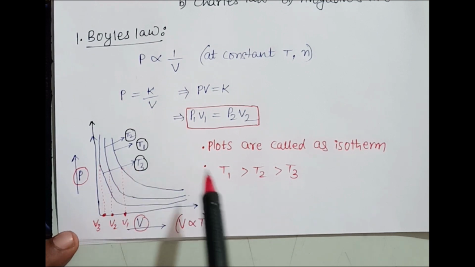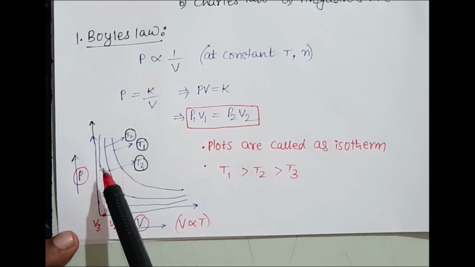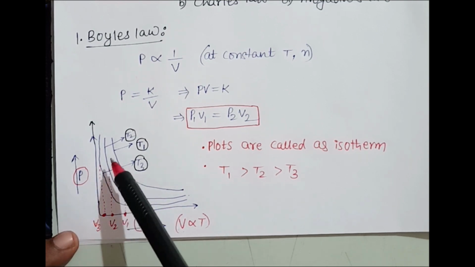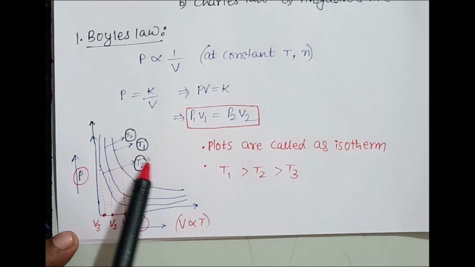Second point, it is about temperature, which temperature is greater and which is smaller. In that case, I have extra plotted in a vertical manner, then I got the corresponding volume. In Charles law, we are going to learn volume is proportional to temperature. So I know V1 is a very big value, which means correspondingly T1 will also be bigger.